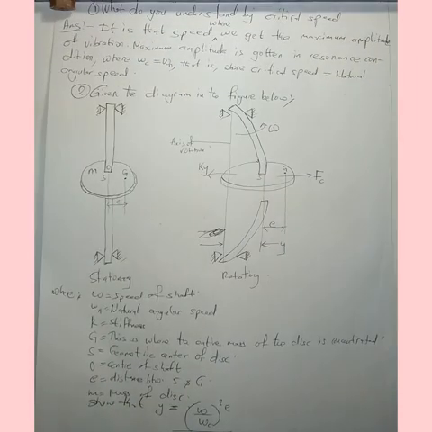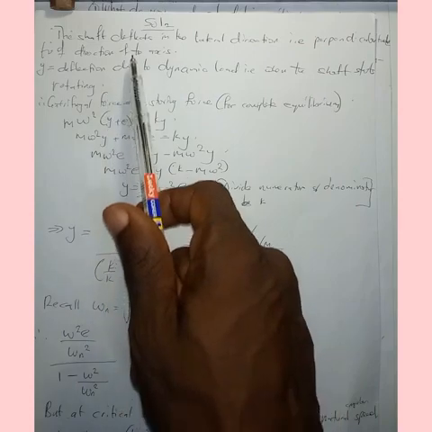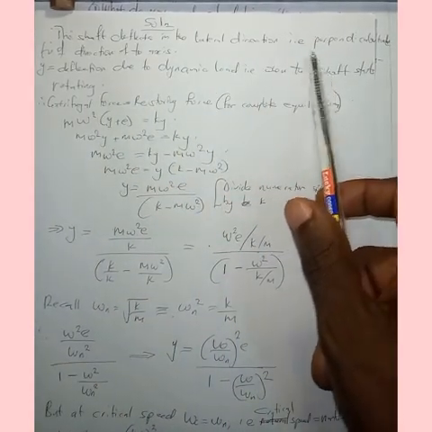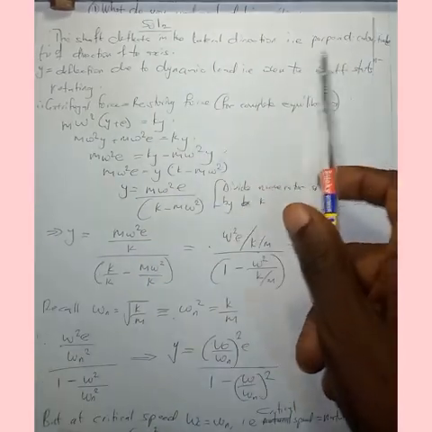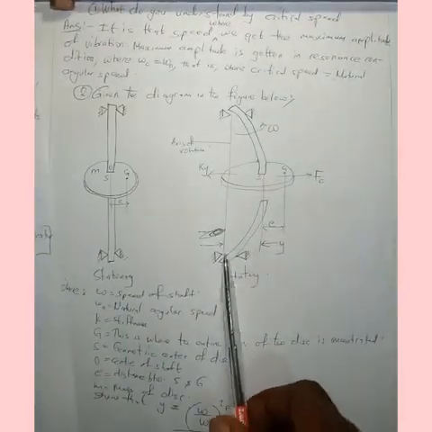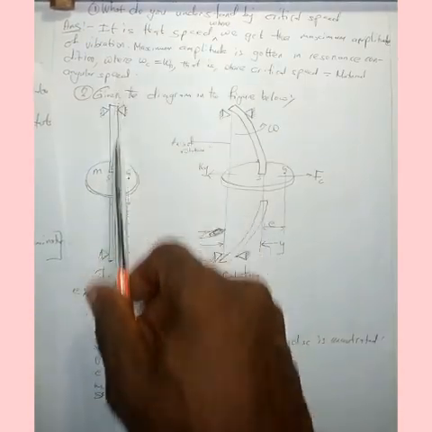Okay, so now this is the solution. The shaft deflects in the lateral direction. When we say deflect in the lateral direction, it means that the shaft deflects perpendicular to the direction of the axis. So this is the axis, and of course this is the shaft.